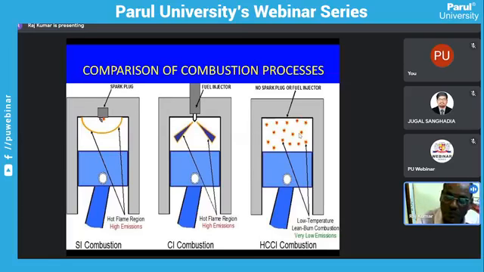Now, how can the maximum output take place in case of HCCI engine? The homogeneous compressed mixture, means the engine is devised such that the mixture is prepared before it goes into the combustion chamber. Rather, we can say it is prepared inside the induction manifold, where the air is drawn.